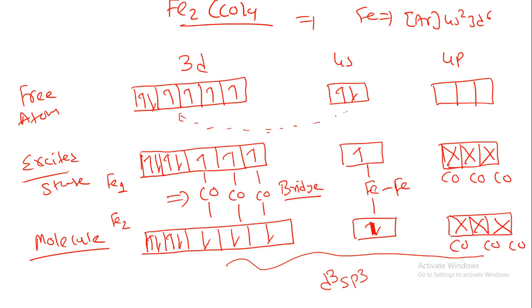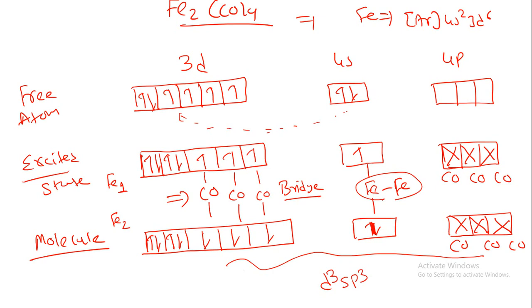The ligand should make a bond with the d orbital, and the Fe-Fe metal bond uses the s orbital. So now this is the structure of d3sp3.